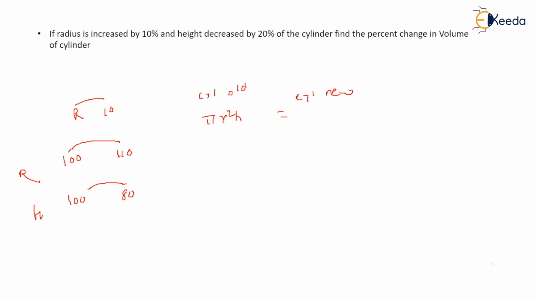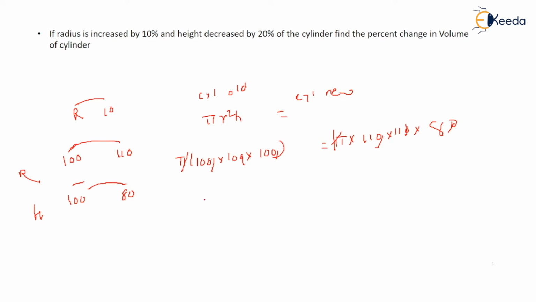So earlier it was pi into 100 into 100, pi r square into height. Height is what? 100, right? So this is equivalent to pi into the new radius, that is 110 into 110, and the new height, that is 80. From this, pi and pi can be cancelled out, right? From this, a 0 can be cancelled out, then this 0, then this.